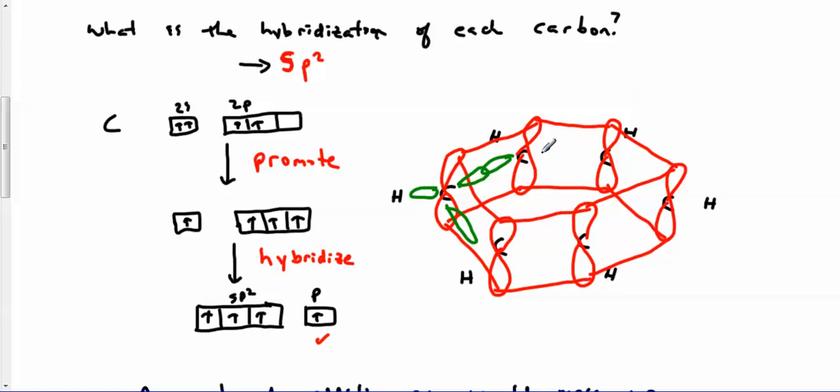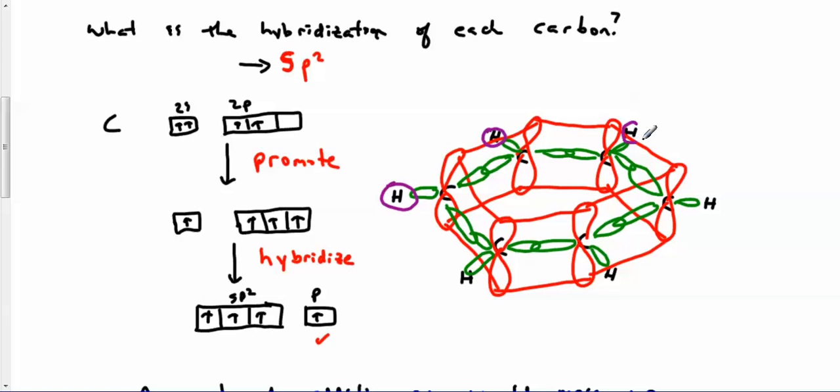So I got 1, 2, 3, 1, 2, 3, 1, 2, 3, 1, 2, 3, 1, 2, and 3. And then I've got the hydrogens. The hydrogens have their one electron in an s orbital. I wish I'd drawn those H's a little further away, but oh well.